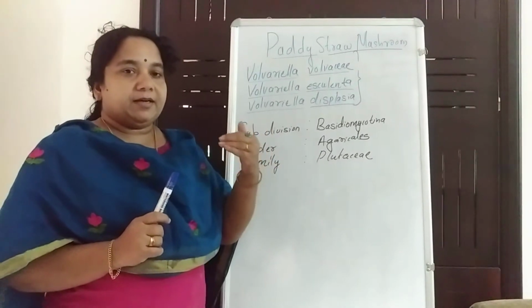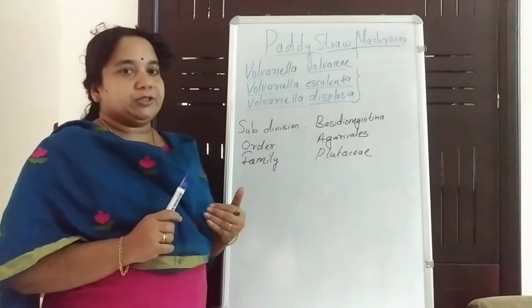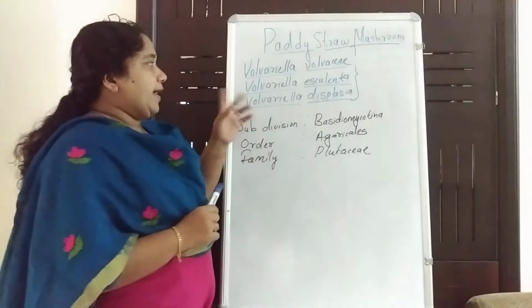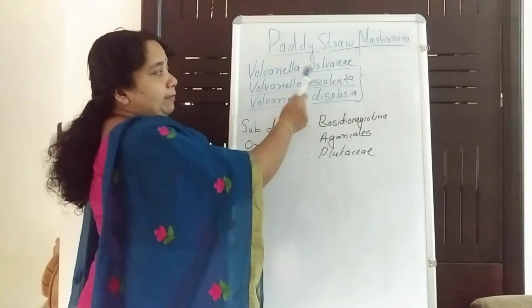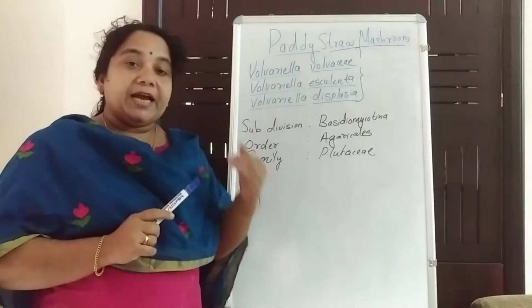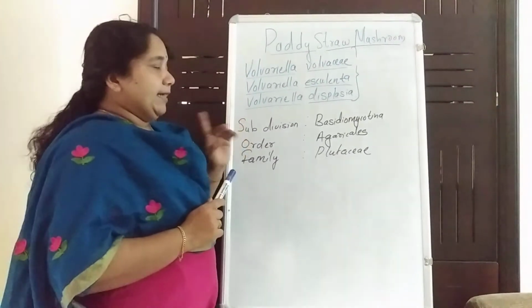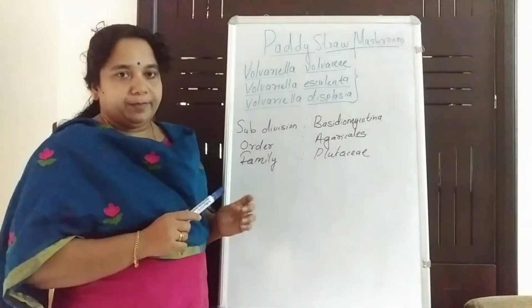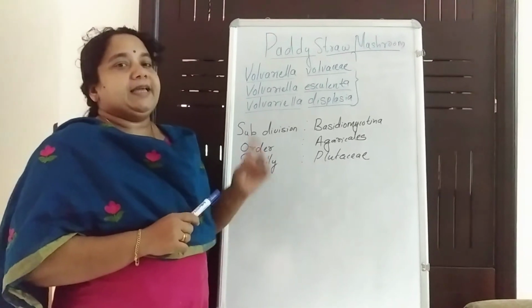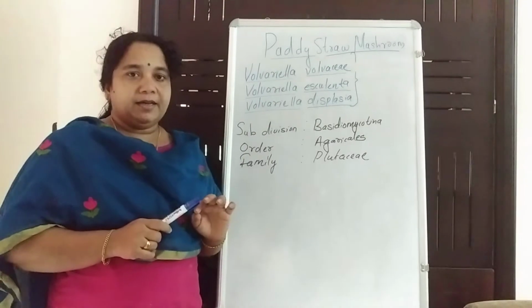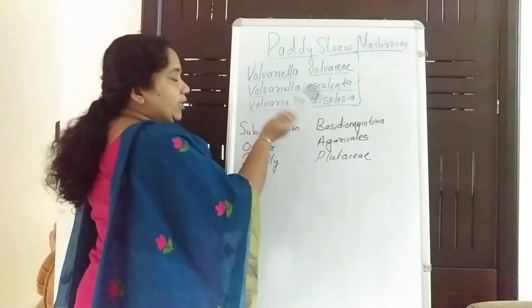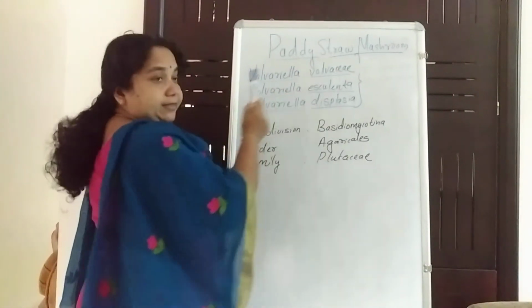Another thing, students from the arts group have to know that when we write the scientific name, or binomial name, you have to write it in italics, or otherwise underline it.